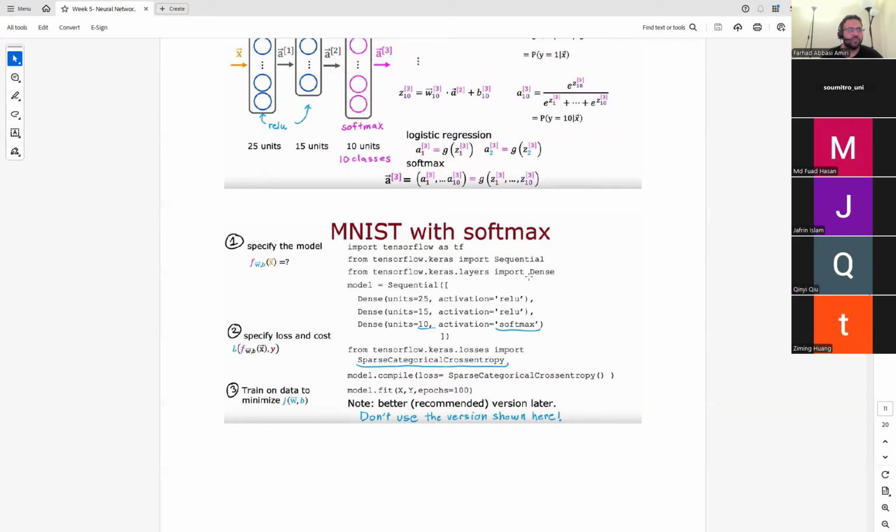But this is not the best version of writing such code. In the following slide, I'm going to tell you how we can optimize this code. But the steps are like this. The first step, creating your model. The second step, specify the loss and cost. And then the last step is to fit or train your model on the data to minimize the cost function J.